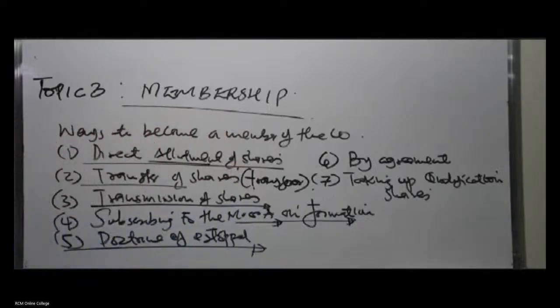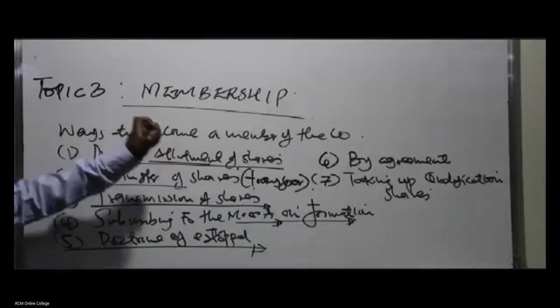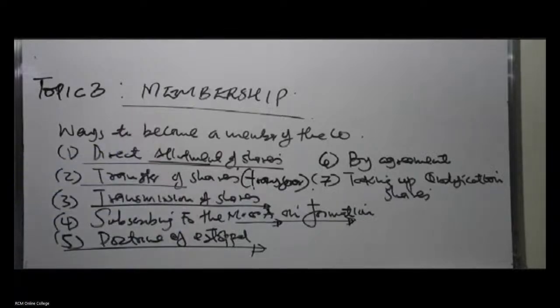What will be argued is that even though your name was appearing by mistake, through the doctrine of estoppel, you enjoyed membership rights during that period, and therefore it can be concluded that you are a member of the company. So when your name is appearing by mistake, and during that time you've enjoyed what? Membership rights, you can't deny the fact that you are a member of the company.